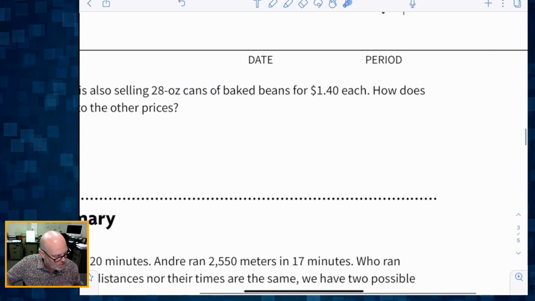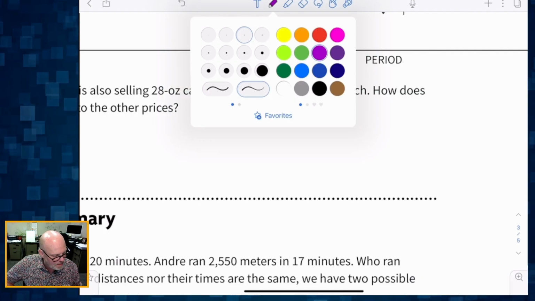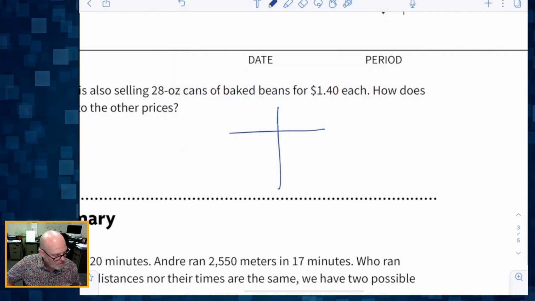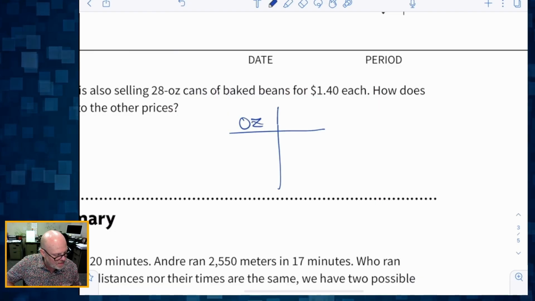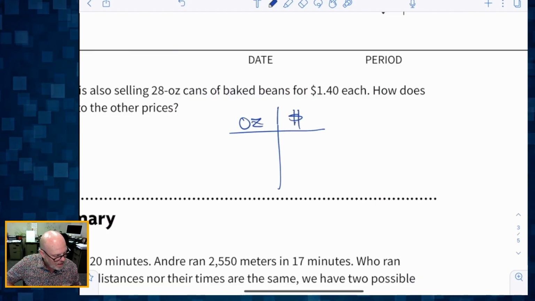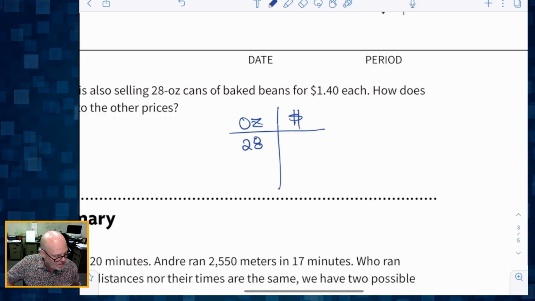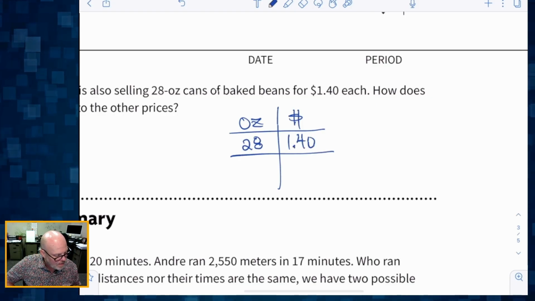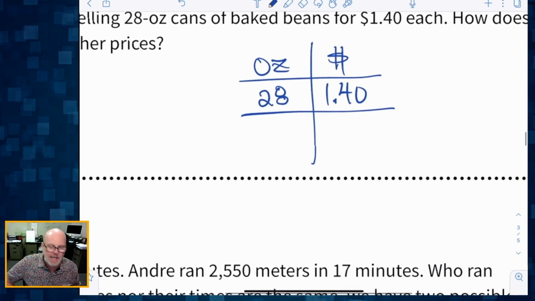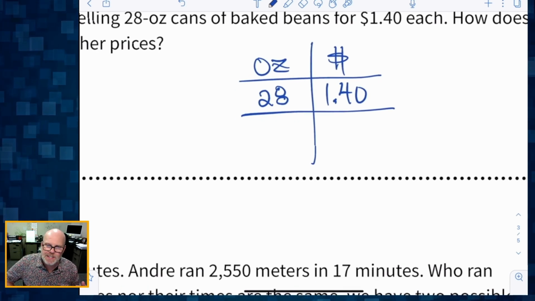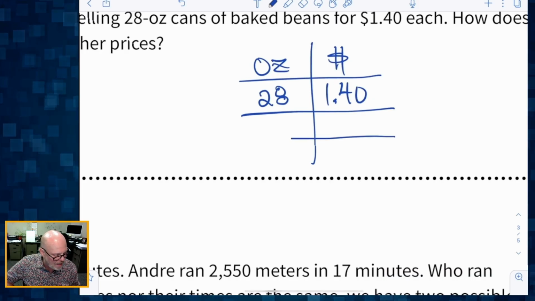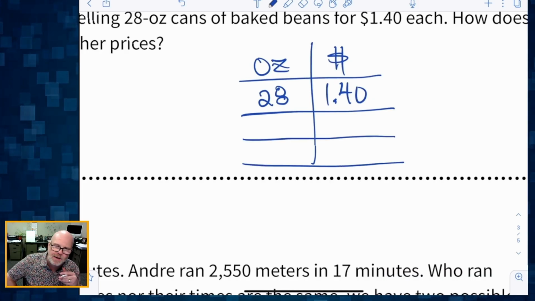So what we're going to do is make our table, but this time we have ounces and dollars. We're going to start with 28 ounces as $1.40. But I want to scale that down to 15 ounces in some way. How am I going to scale it down?